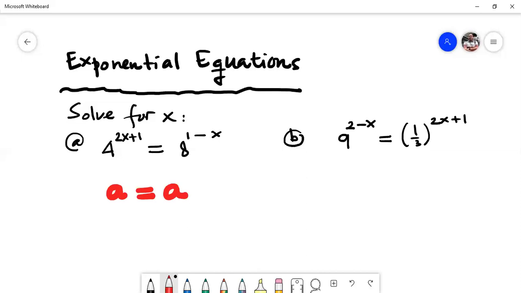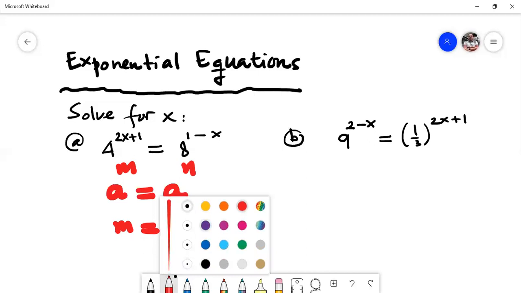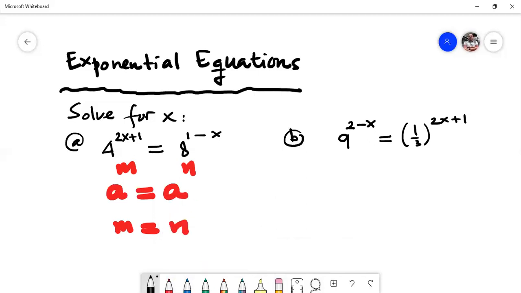So, for example, you have a to the power m equals a to the power n. The solution must be m equals n. Okay, that's the idea. Okay, now let's do the first question.